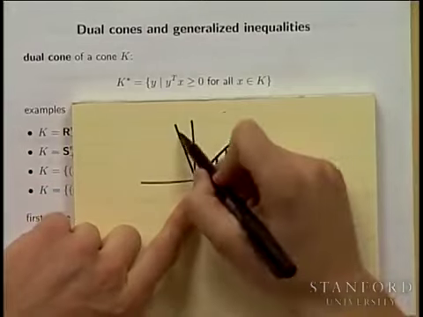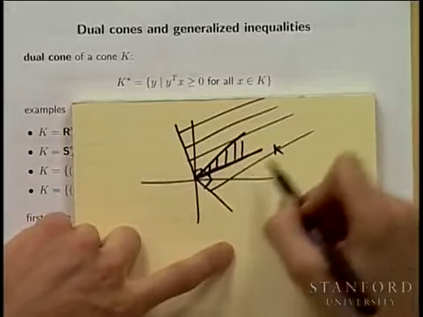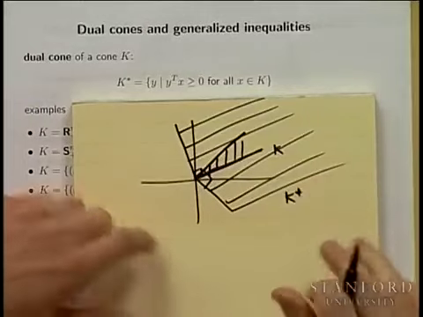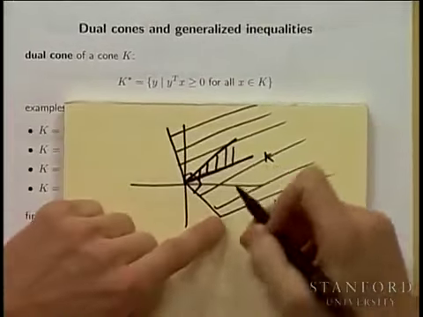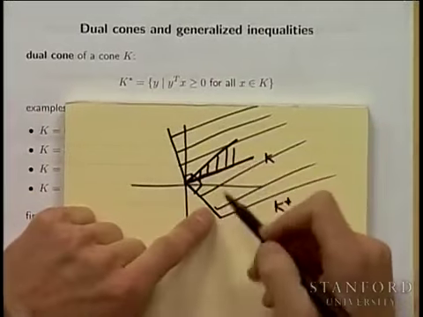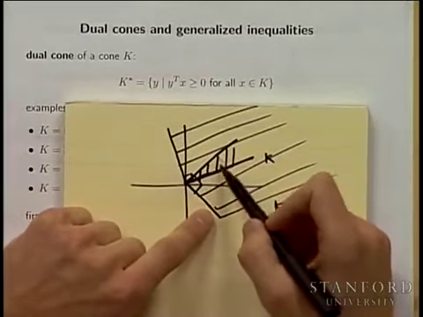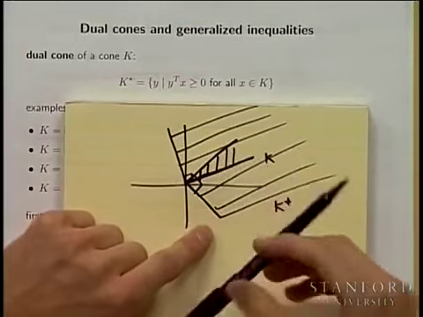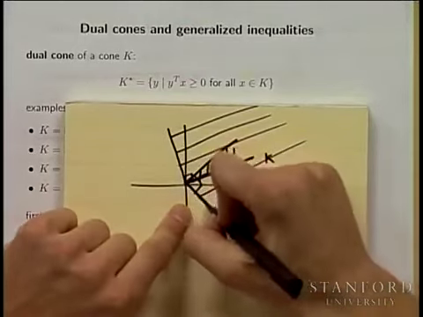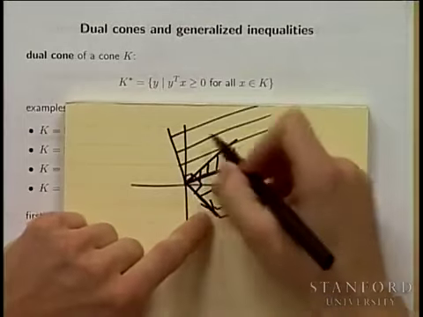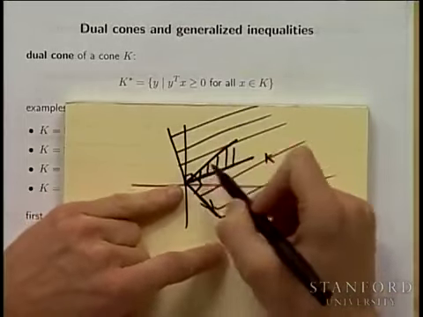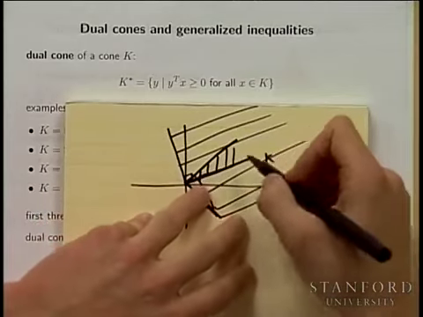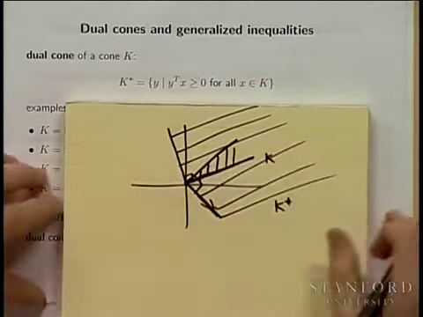Now this set here is the dual cone of K. This one here is K star. If I take any vector in here, its angle to all elements in this set here is less than or equal to 90 degrees. So if I look at this vector here, or in fact any vector in this dual cone K star, its angle to all elements of K is less than or equal to 90 degrees. So this is the dual cone.